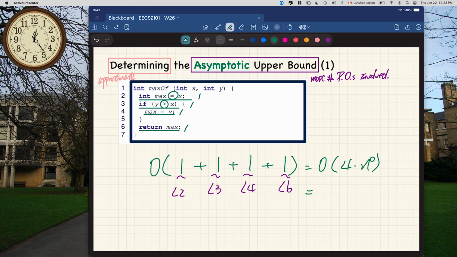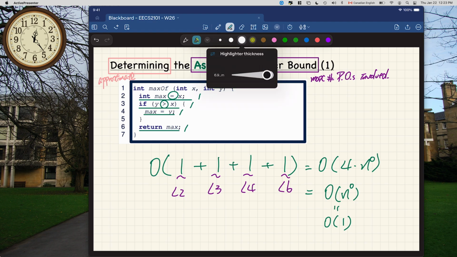If you drop the multiplicative constant 4, it is big O of n to the power 0, or you can say big O of 1. If you say n to the power 0 as a g of n, that's fine. But usually you wouldn't do that, right? I would say only write n to the power 0 when you have to use it to analyze the pattern. Okay. Question about this?